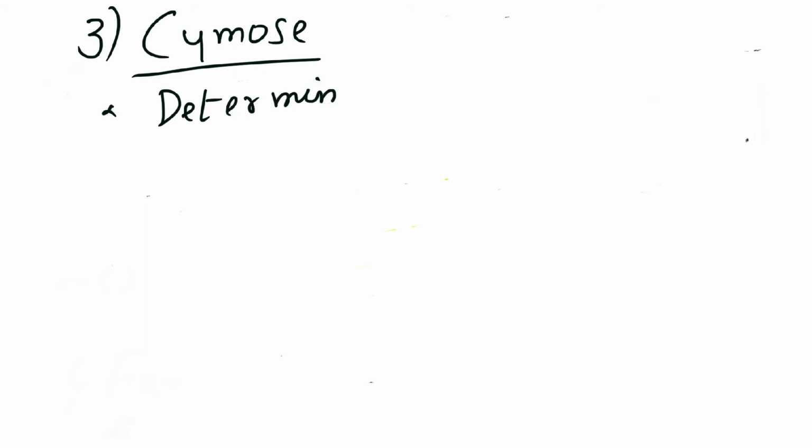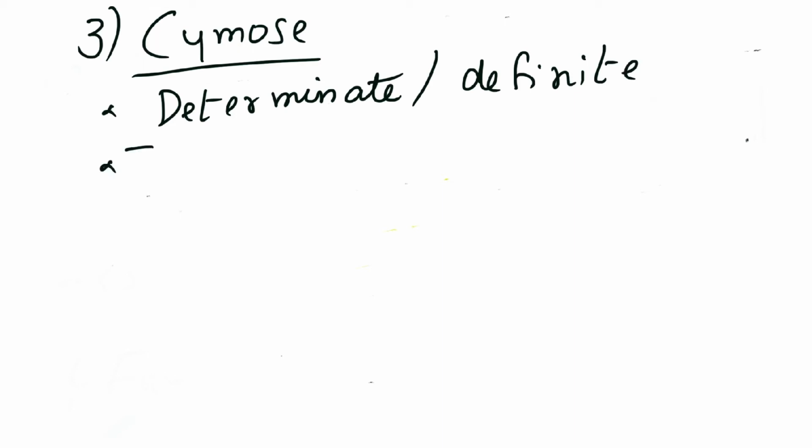Now we are going to have a look at the important features of the Cymose inflorescence, that is the third major subdivision under inflorescence. Cymose, unlike Racemose, is determinate or definite, which basically means that when the shoot tip develops into an inflorescence, that growth ends there.